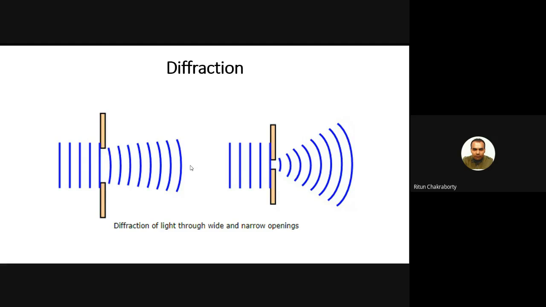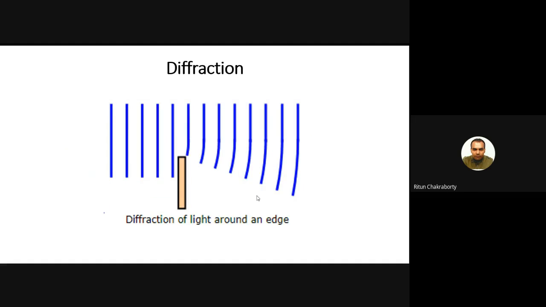These are the same things which we have already read from the note which was given to you. And then we also learned about the definition of diffraction of light. You can see you have a straight edge here, and from the left side the light wave is traveling.